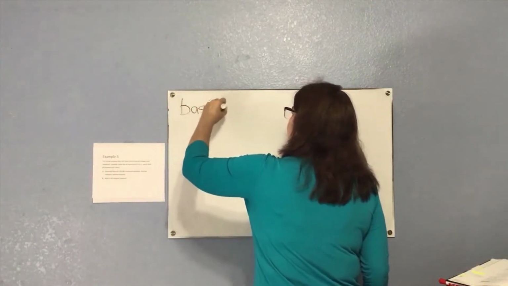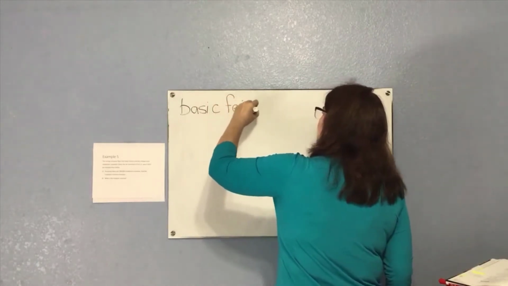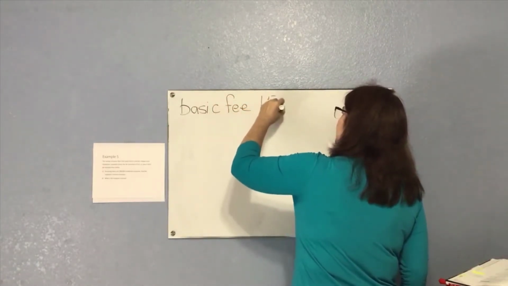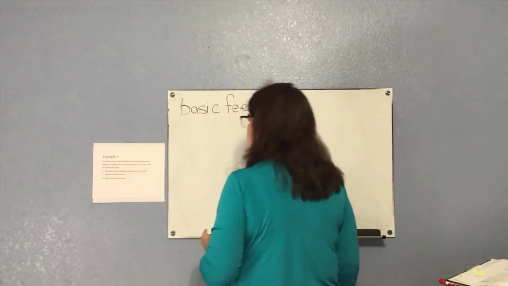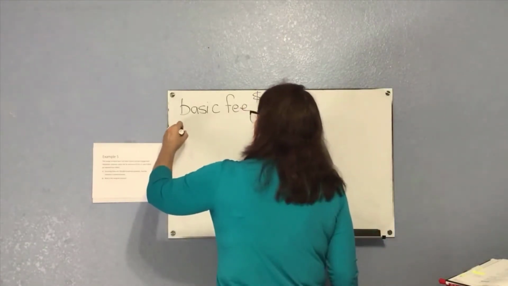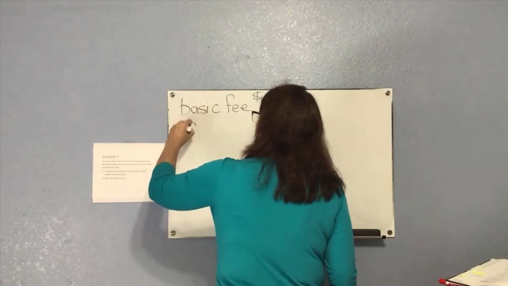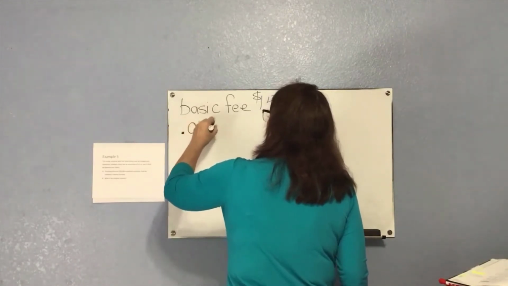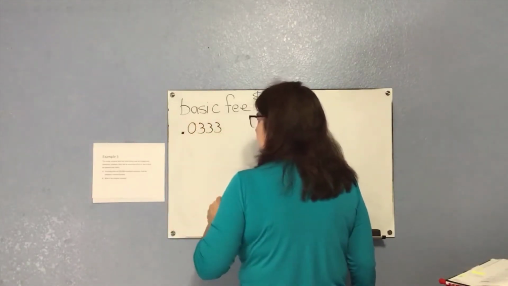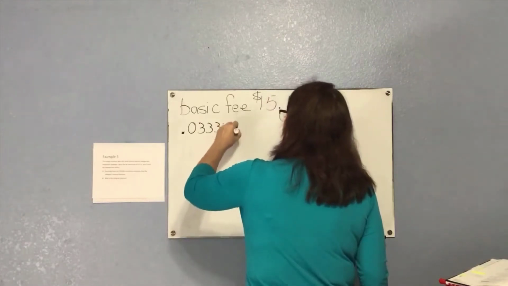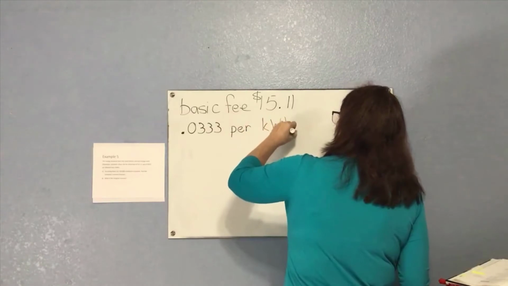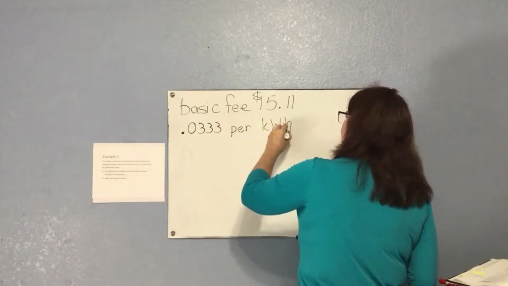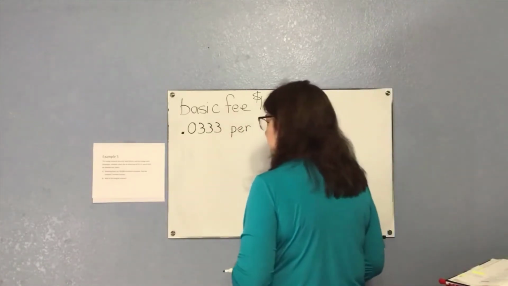So we've got a basic fee, $15.11. And then they charge $0.0333 per kilowatt hour. So this is the charge for the amount of electricity that you use.